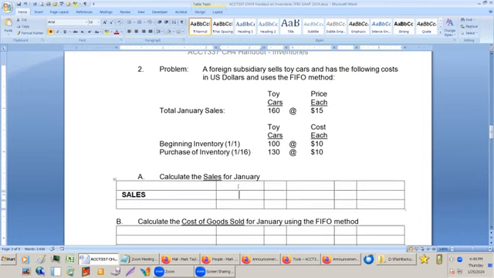Yep. So I'm going to put up here, we have units and we have the price. So we sold 160 units, and the price was 15 each. So 2,400 came in.